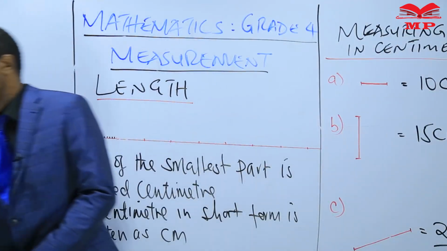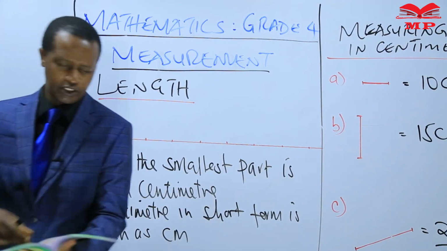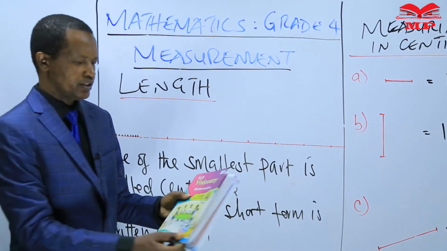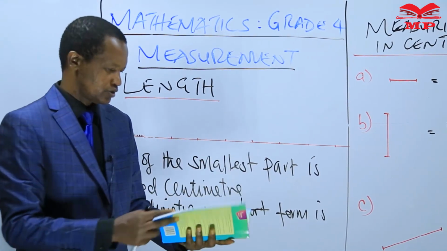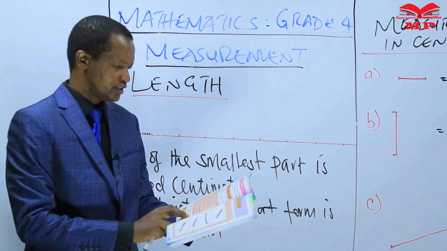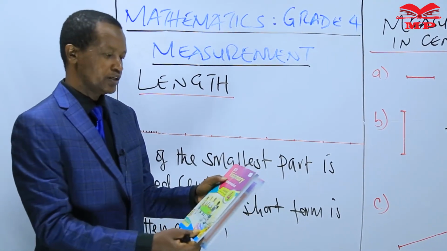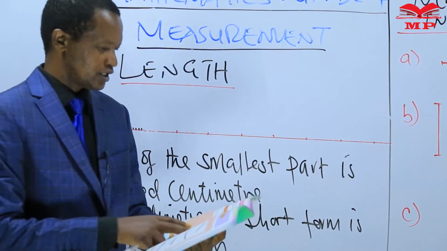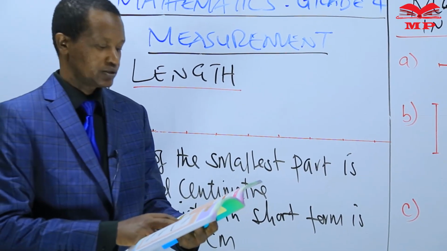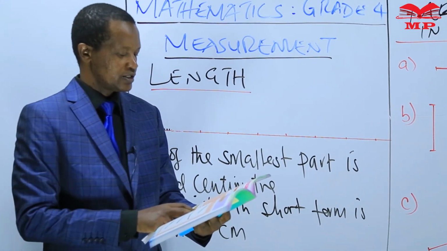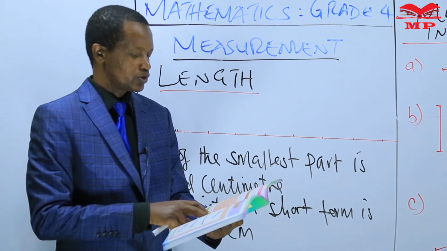Before we end the lesson, I'm going to give you an assignment from the learner's book on page 78. This is KLB Visionary Mathematics. I want you to go and do exercise A, question 1 and 2.